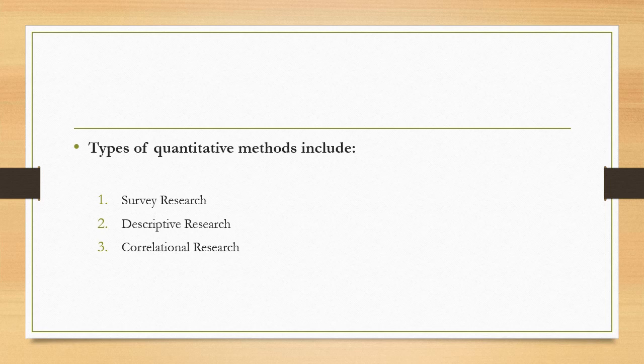The ultimate goal of survey research is to learn about a large population by deploying a survey. Descriptive research is all about describing a phenomenon, observing it, and drawing conclusions from it. While correlation research usually examines the relationship between two or more variables.